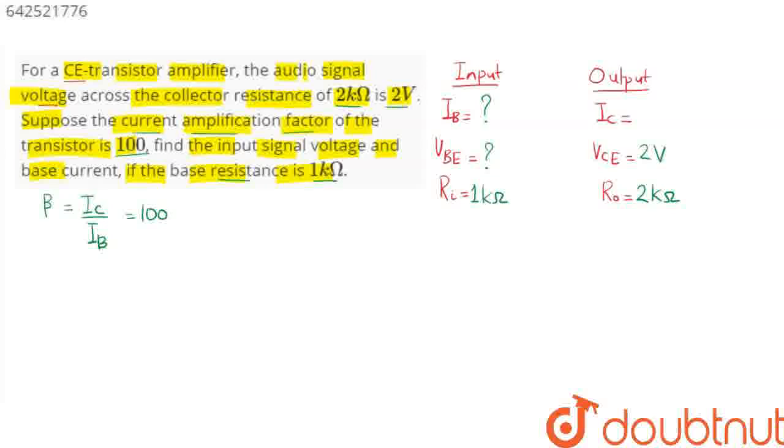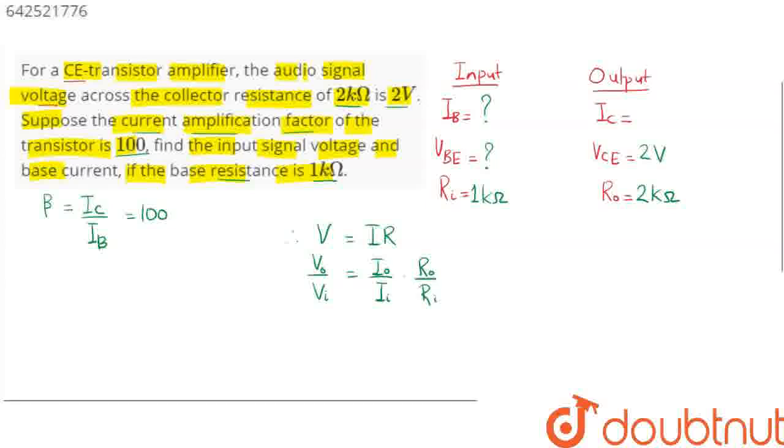Now as we know, V is equal to I into R, so output voltage by input voltage can be written as output current by input current into output resistance divided by input resistance. In the question, output voltage is given as 2 volt.